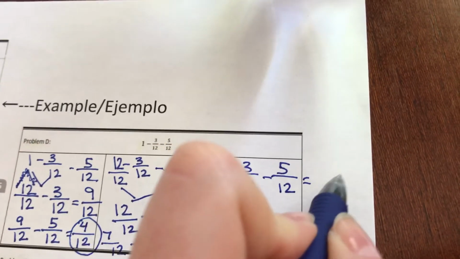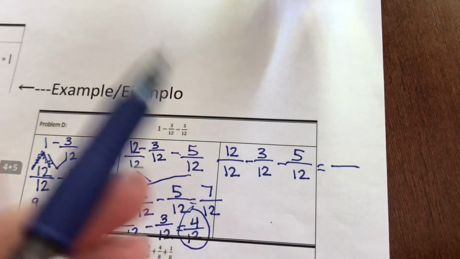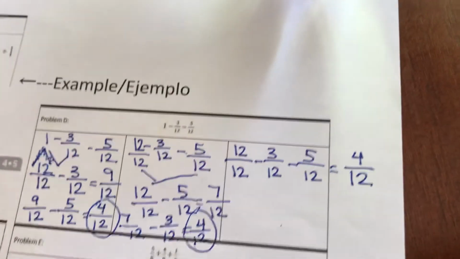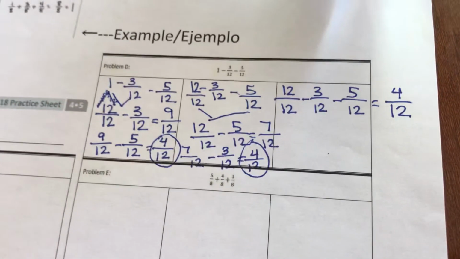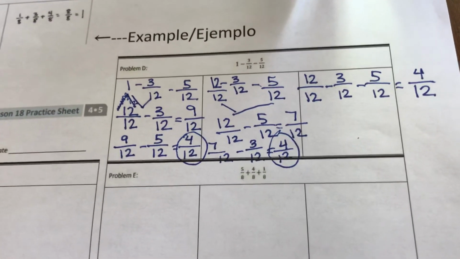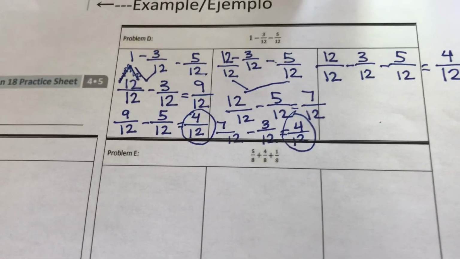And that's good mental math. So 12 minus 3 is 9, and 9 minus 5 is 4. So I know it's 4/12. So again, you come up with as many ways as you possibly can to solve it.